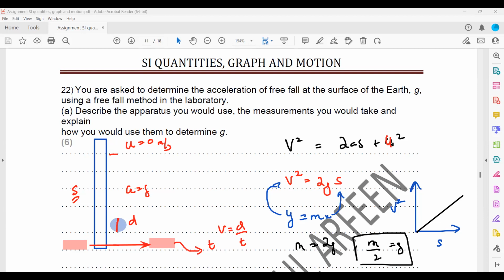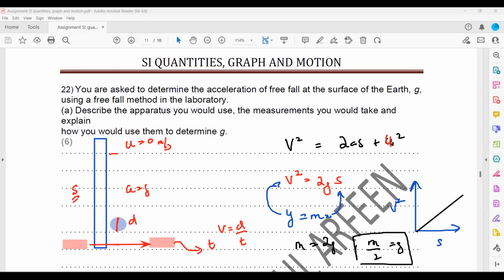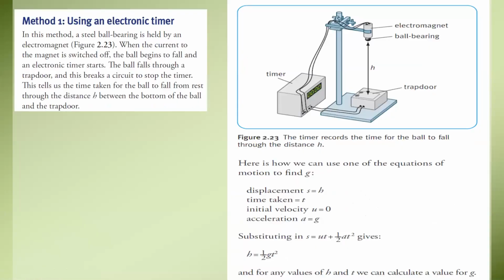So this is another method to determine the acceleration due to gravity, or the acceleration of a falling object. There is also another method which can be used, in which we use an electromagnet.